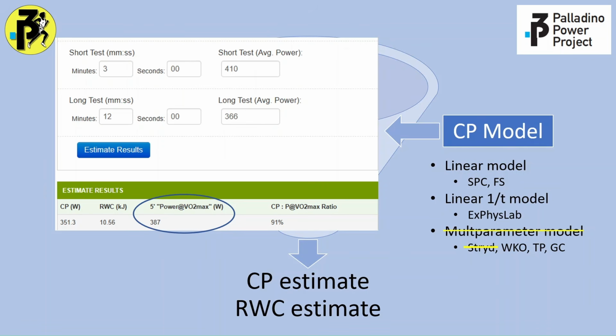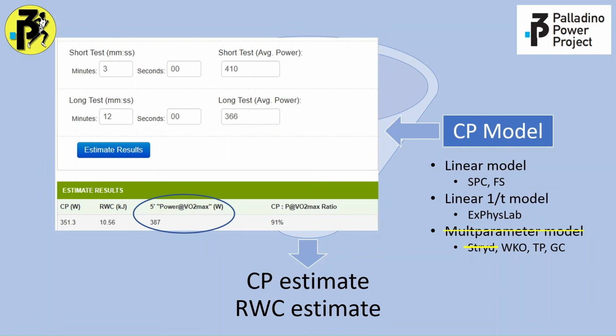Now, if you do a graded exercise test, it's usually in the lab, it's usually on the treadmill, and if you're using Stryd, there's no air power reporting, so the power at VO2 max is going to be devoid of that air power component.